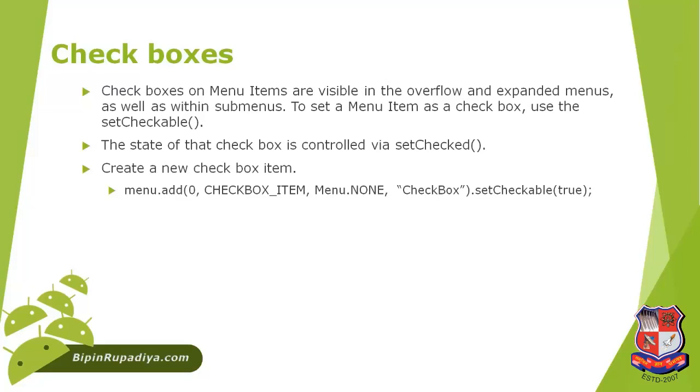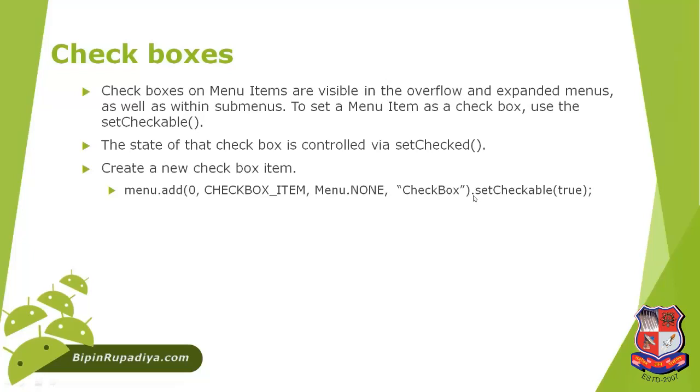Or say, for gender, or any other options, like do you like tea or coffee, so two options you can specify here. So these kinds of things you can set. But how does this item become a checkbox? That is because of this method.